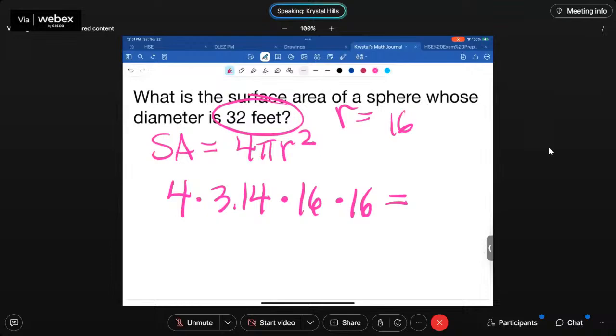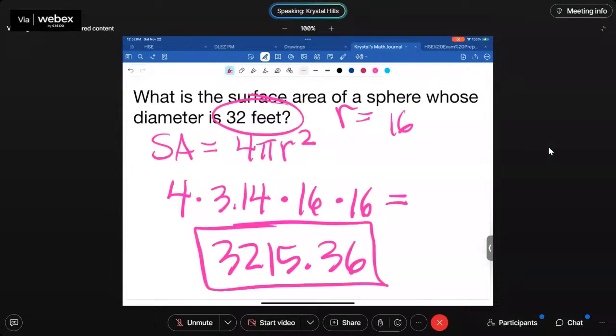And what do we get when we do all of that? Is it 256? Well, all of that will be 3,215.36. Right? 3,215.36 is our answer.